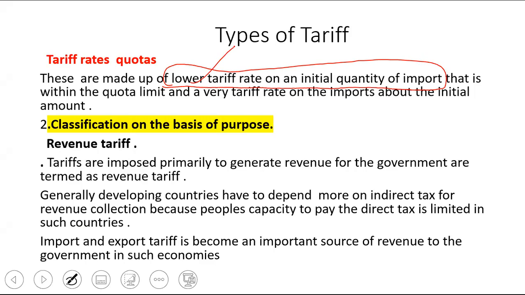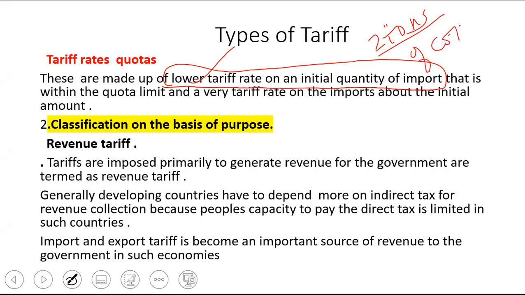Suppose that you are importing say 2 tons of say cotton. Let us assume. So first 1 ton, the tariff will be low. Okay. Then that is the quota, and for what comes beyond that, it will impose a high tariff. For example, I am importing 2 tons of cotton.